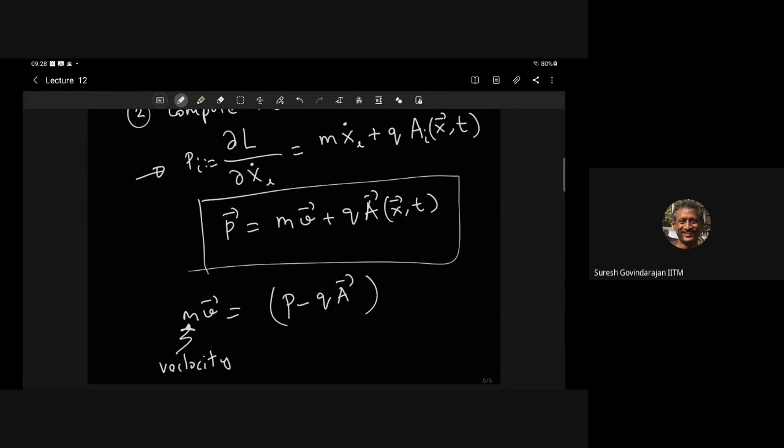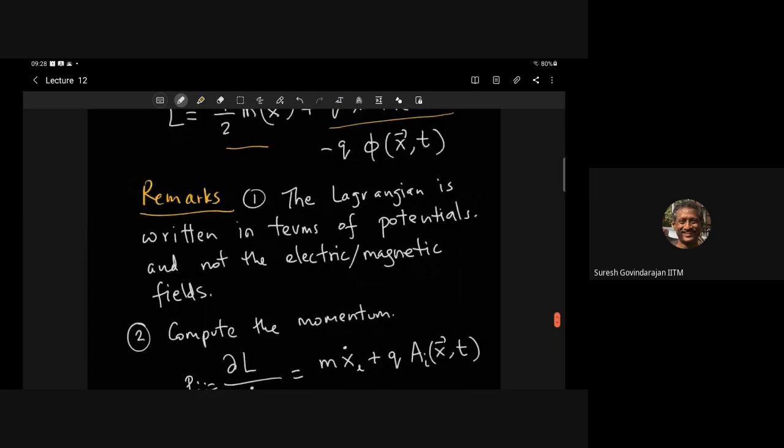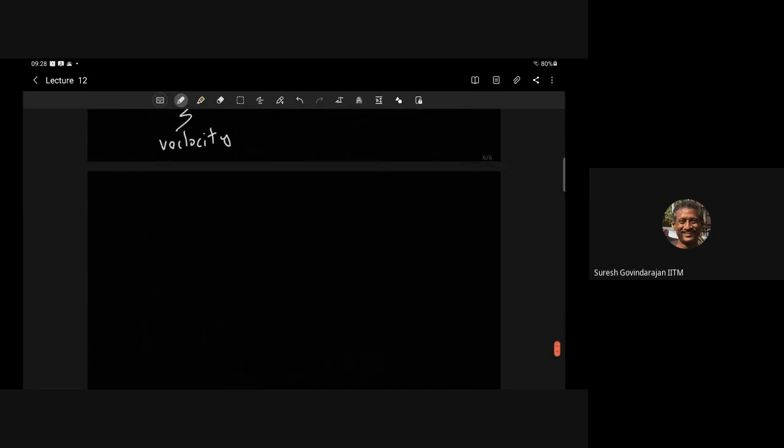Okay, so the third point is a much more general thing. Are Lagrangians unique?